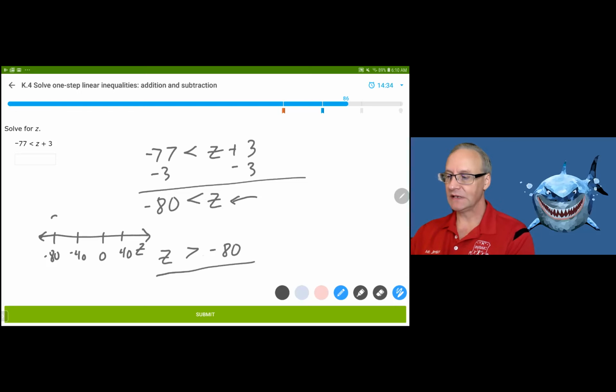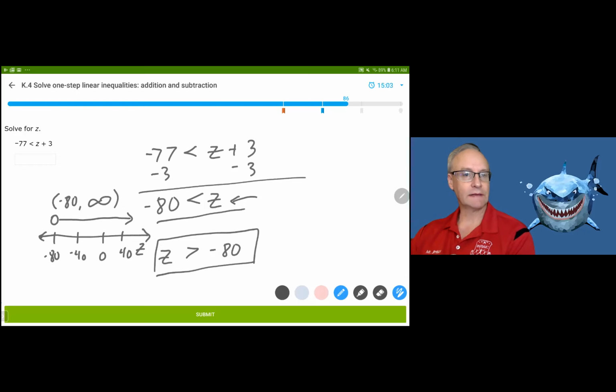It's going to be not included, but it's going to be greater than negative 80. Hopefully everybody can see that this answer is going to be much tougher to graph than this answer. I like the second one better. Of course, your interval notation would be starting at negative 80 and going all the way past 0, all the way up to positive infinity. And it's going to look like that.